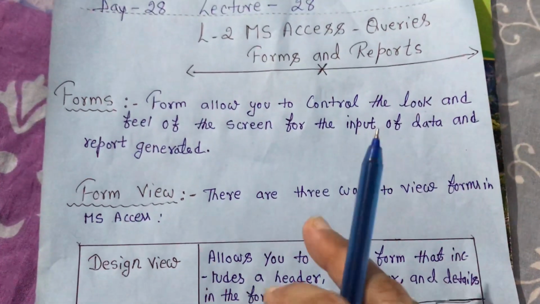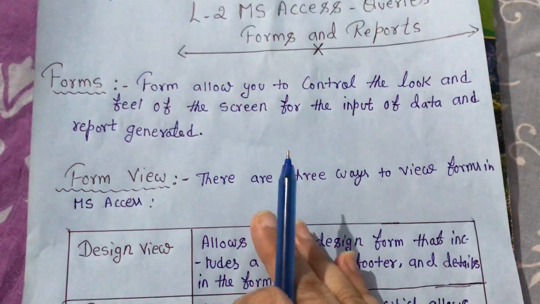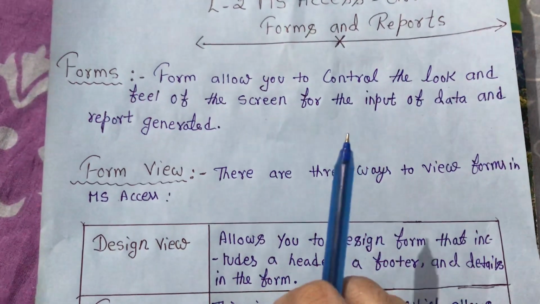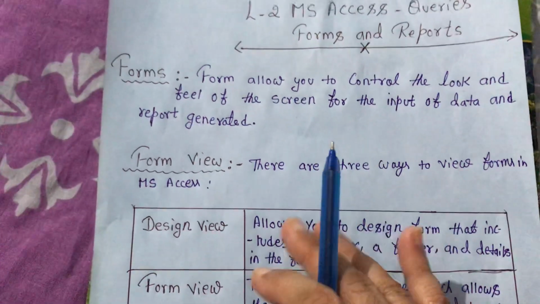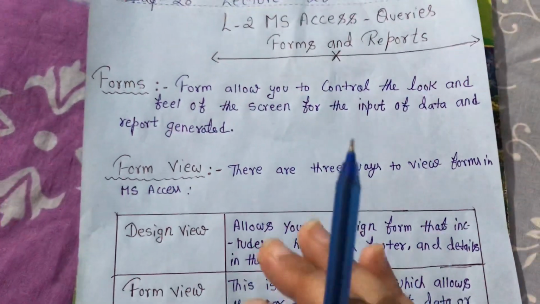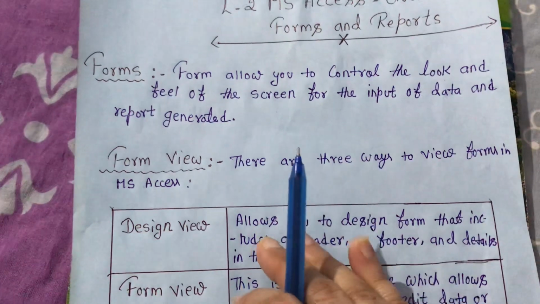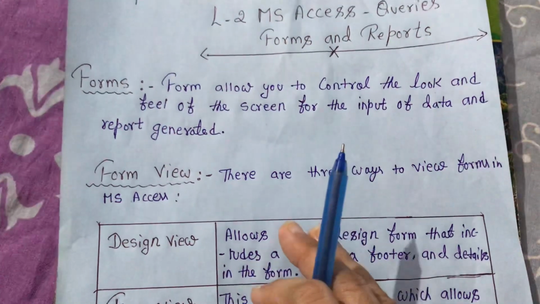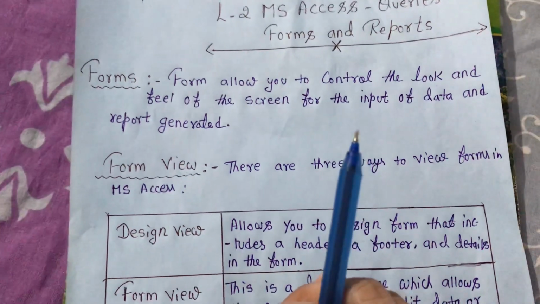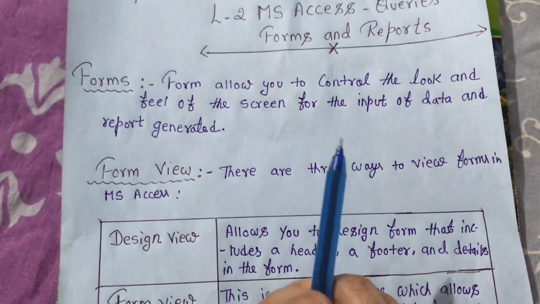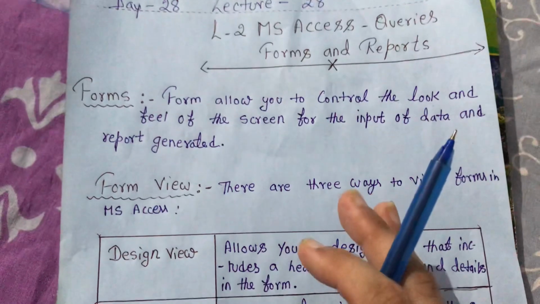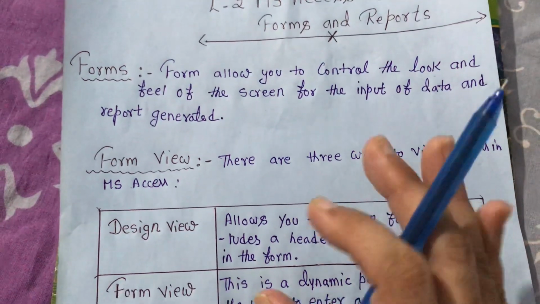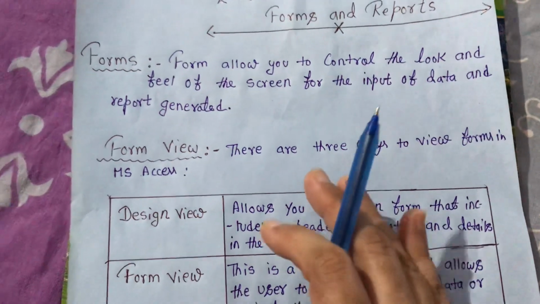So we can use it to create a user interface for a database application. You can say that forms in MS Access are like display cases in stores that make it easier to view or get the items that you want.